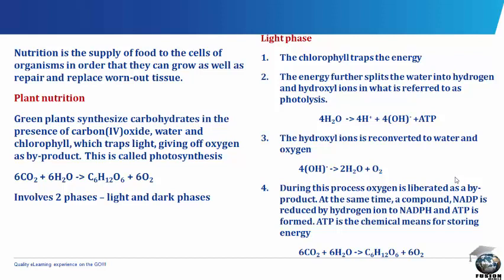1. The chlorophyll traps the energy. 2. The energy further splits the water into hydrogen and hydroxyl ions in what is referred to as photolysis. 3. The hydroxyl ions are reconverted to water and oxygen. 4. During this process, oxygen is liberated as a byproduct.